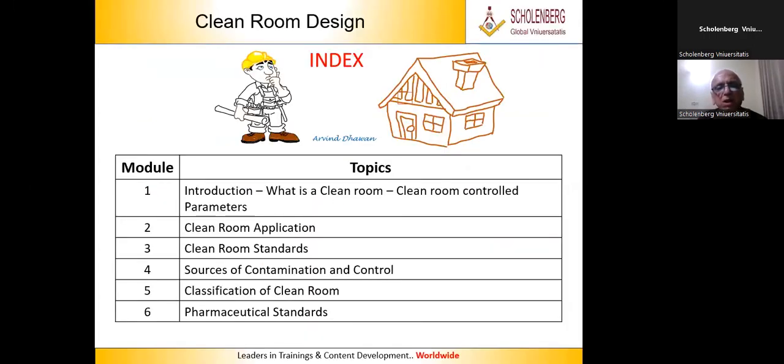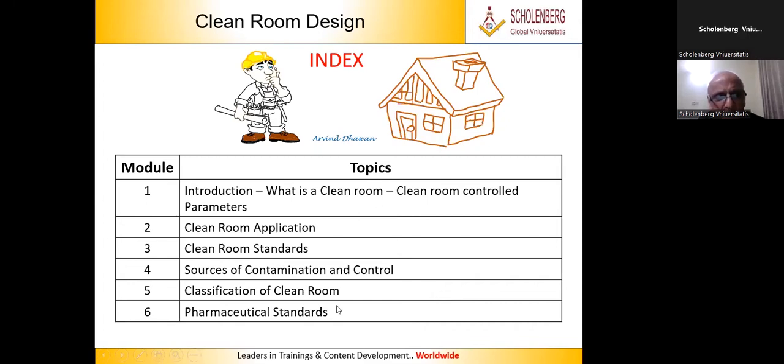Now, see the topics we have in our course. We are covering the following topics: clean room application, clean room standards, sources of contamination and control, classification of clean room, pharmaceutical standards.